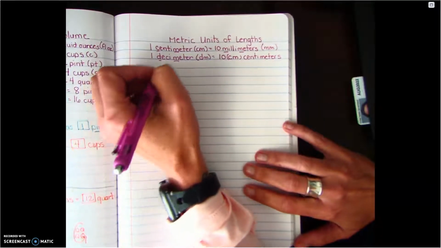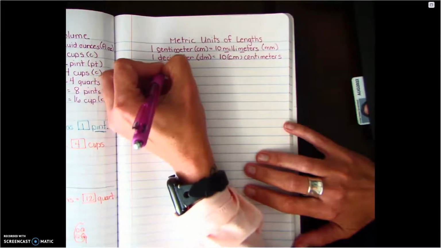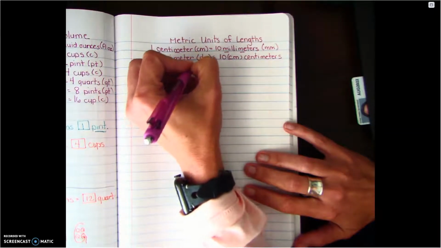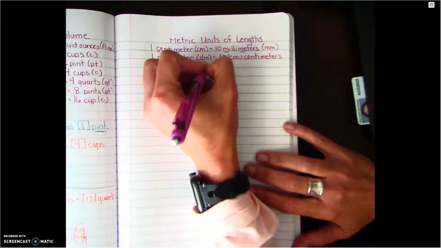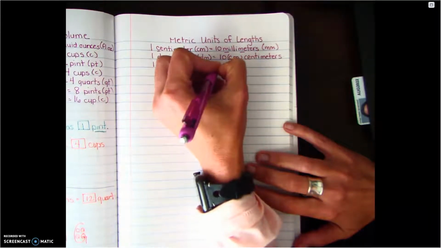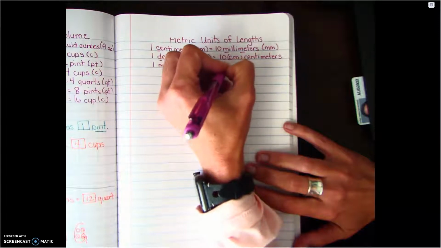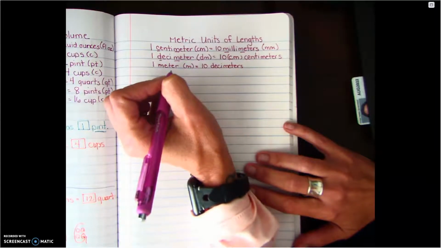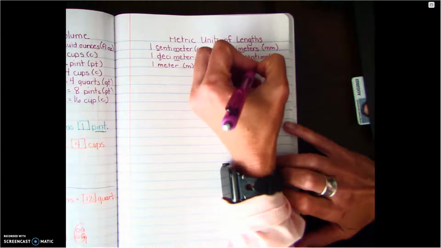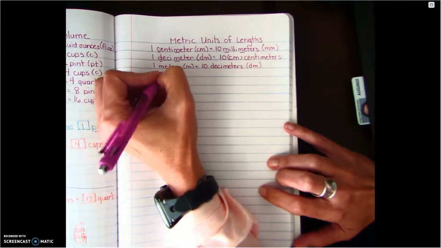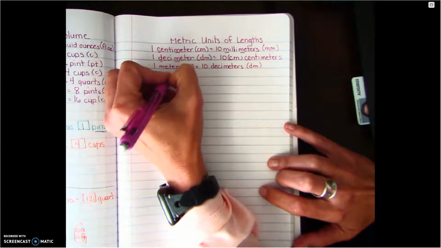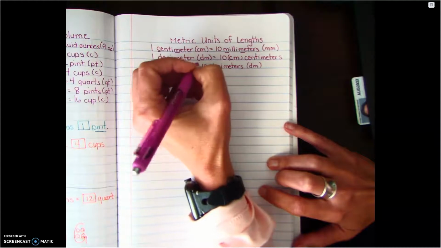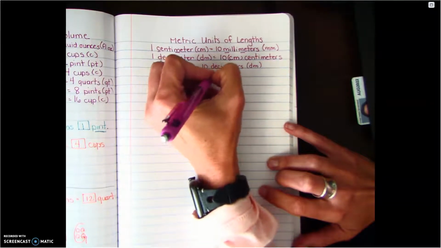All right, so now we're going to do 1 meter. And there's only one m there, so it's just m. 1 meter is 10 decimeters. And remember, that's dm. All right, and then 1 meter, still our m, is 100 centimeters.